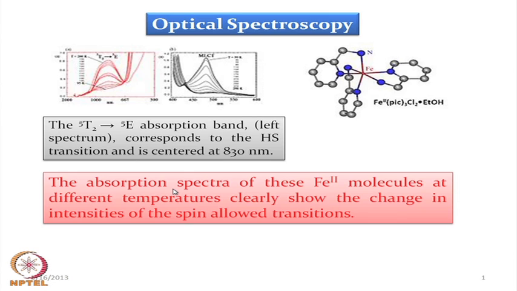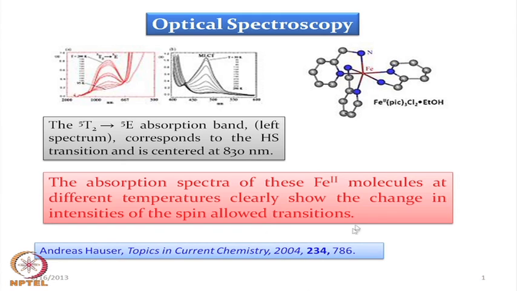That means in the high spin state, without any change in the spin state, this conversion can also be taking place. But if we have a change to the low spin compound, then definitely the band position for the characteristic high spin signature will also be decreasing with the change in temperature. This particular work has been cited in a Topics in Current Chemistry paper from 2004.